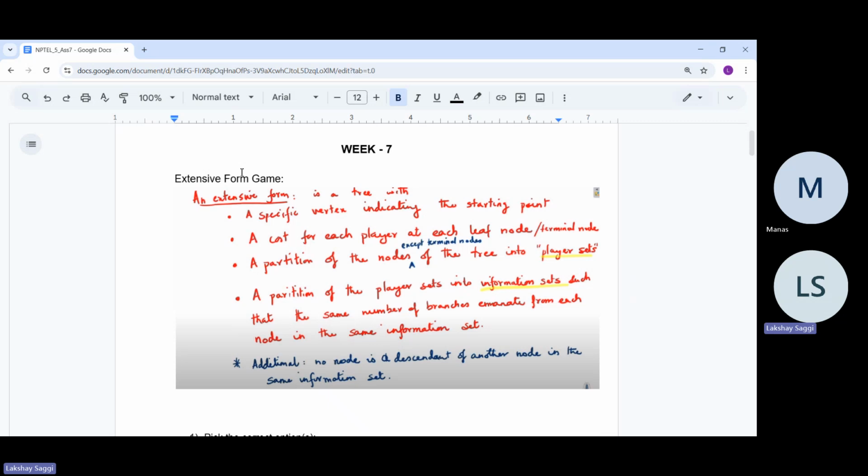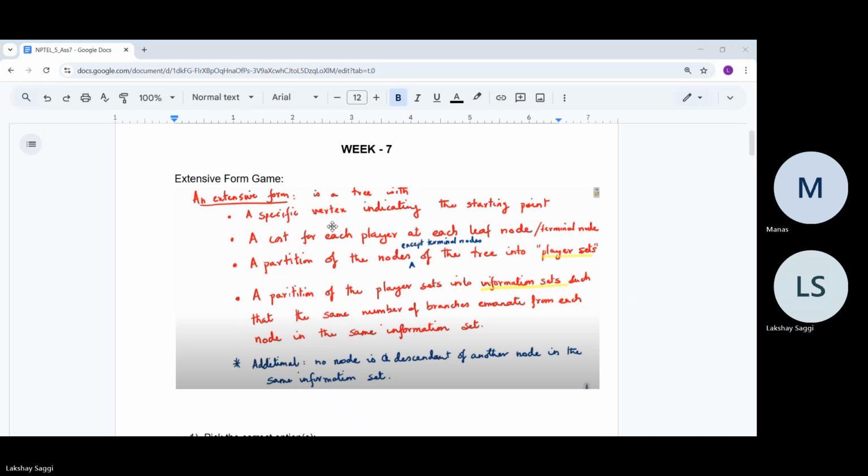This is just a definition straight from the lectures, but I thought we should revise it because it is a very standard definition, and the theory is built around this standard definition of what an extensive form game actually is. So it's important to know the specifics behind it. Although it's not too difficult, it serves as a good reminder for us.